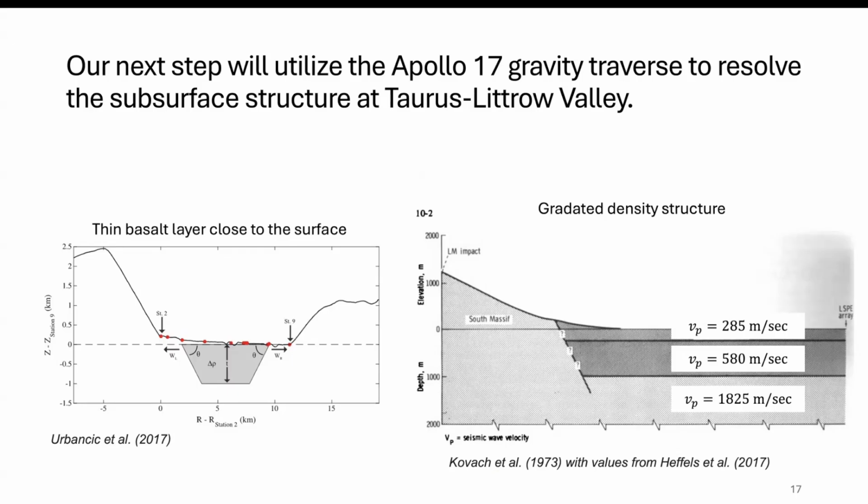I know there have been proposals for a line of seismometers, and it's really hard to do seismic stuff on the Moon. I know the Lunar Seismic Network is hopefully going to come to fruition sometime soon. Still, seismic is more difficult than gravity, I would say.